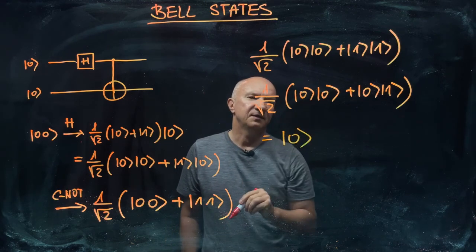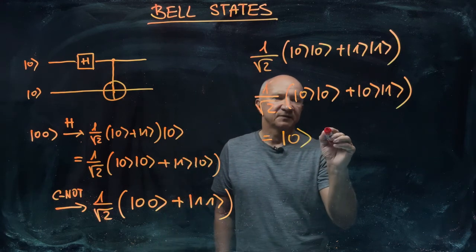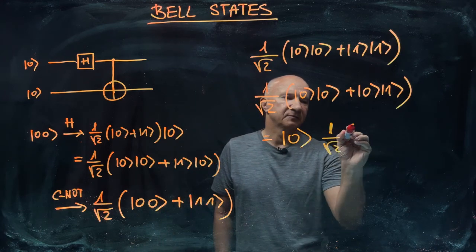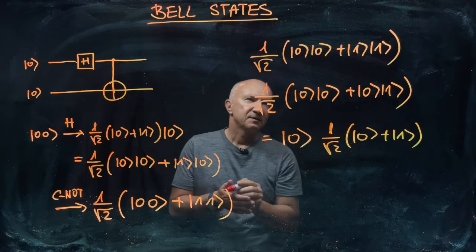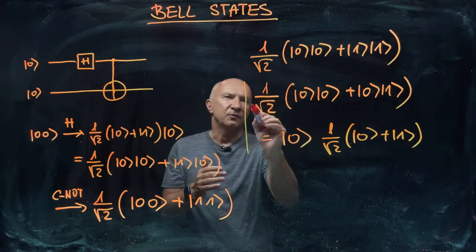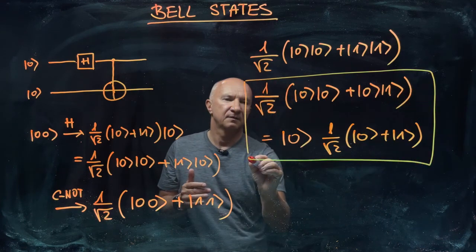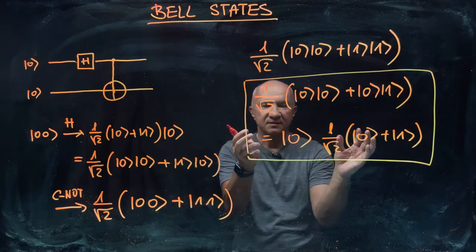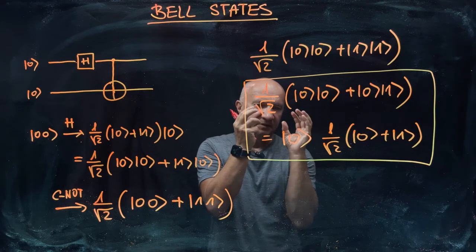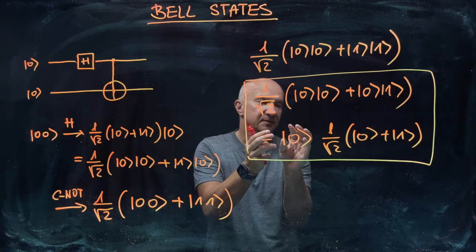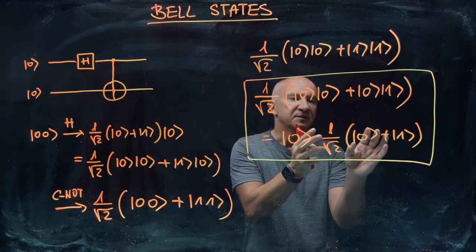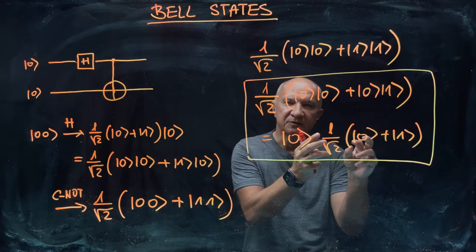So that state is equivalent to 1 over square root of 2, 0 plus 1. I can write it as a tensor product of a well-defined state of the first qubit, which is 0 in this case, and the second qubit in an equally weighted superposition of 0 plus 1.